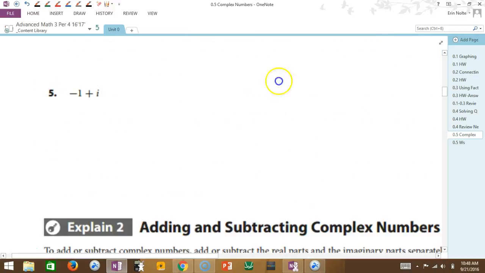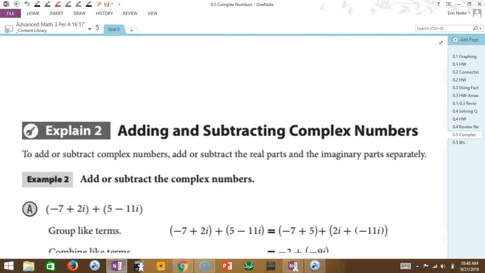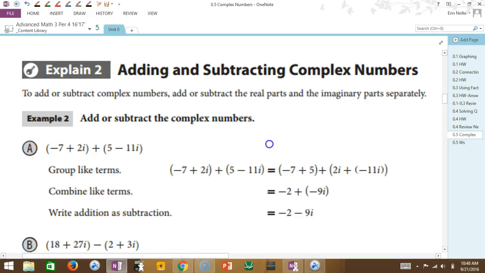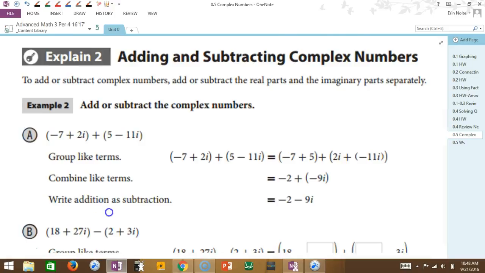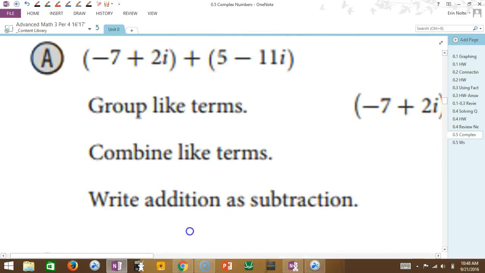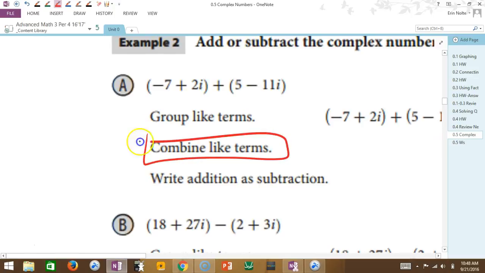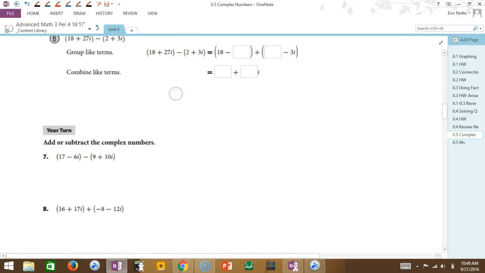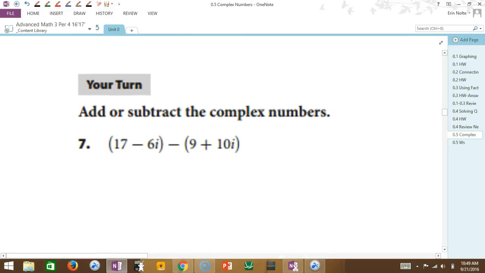Very simple. Now, what happens if they ask us to add or subtract complex numbers? It's very simple. You just combine like terms. It is just like playing with an x. It's like a variable. So let's do this example. Let's say they ask us to subtract these two complex numbers: 17 minus 6i, and we're going to subtract 9 plus 10i.